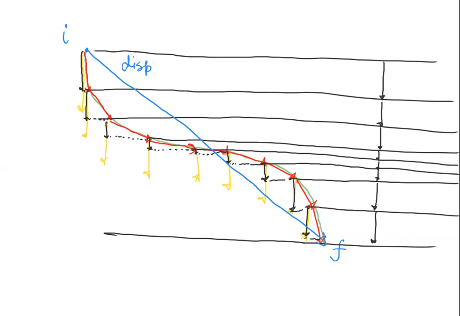Yes. क्या है ये black arrow की summation? dl1 cosine theta 1, dl2 cosine theta 2. क्या है ये? What is this? It is the height.